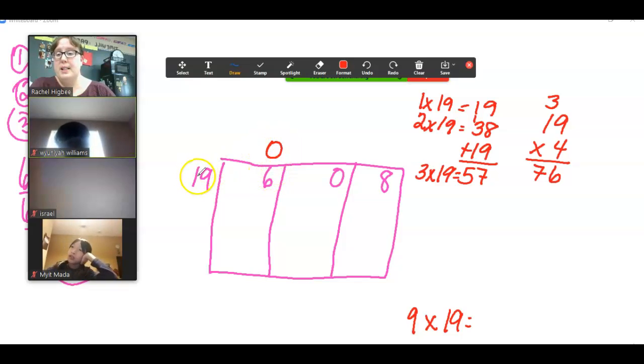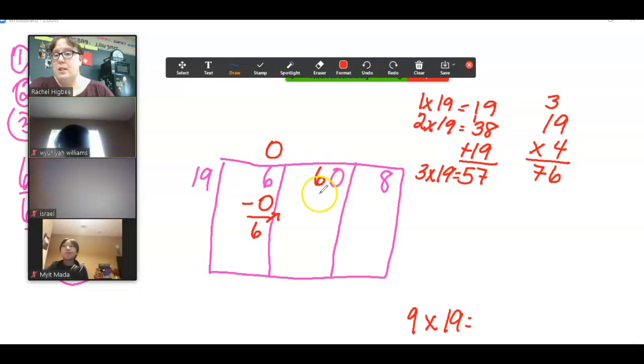Well, 0 times 19 is, come on guys, 0 times 19, there you go, Mitt, is 0. Okay, and so when I subtract, I'm left with 6. And now that 6 gets brought over to my next place value, and now I'm dealing with 60.